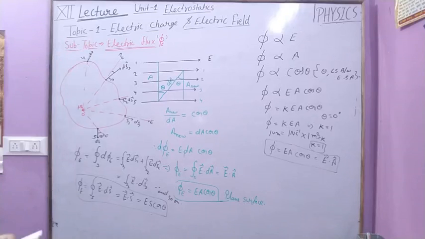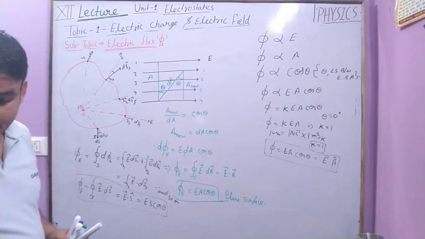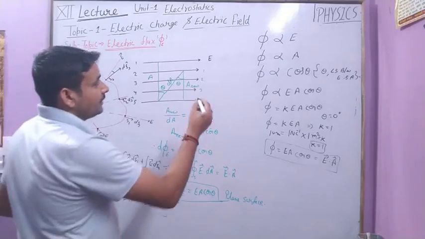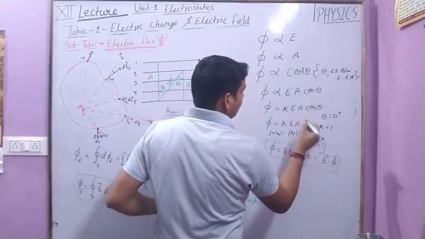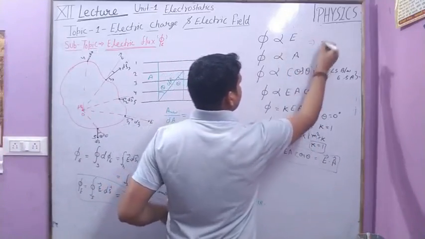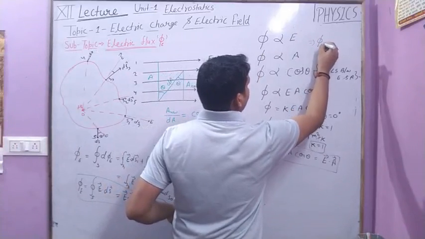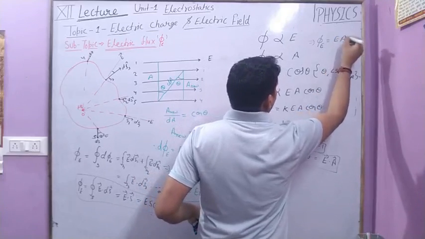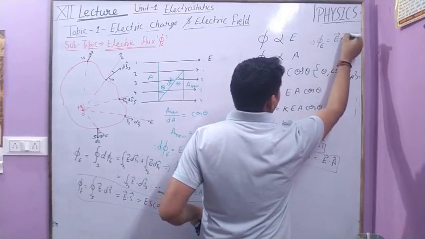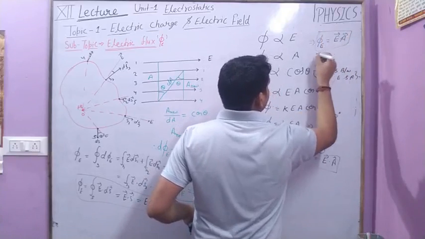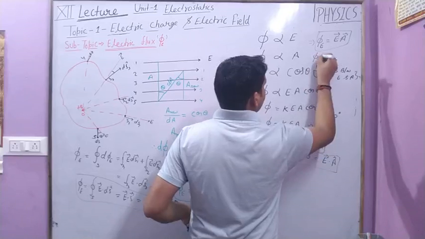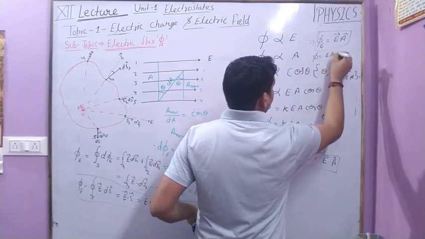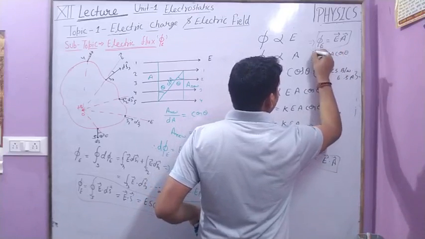Now we understood the definition of electric flux. From here we get, by using these two, phi E equals vector E dot vector A, and this gives the final result EA cos theta.